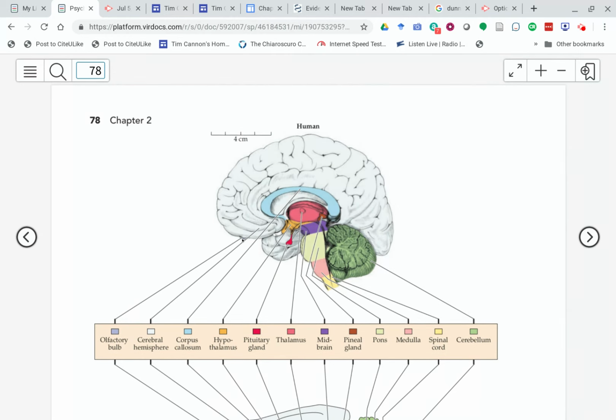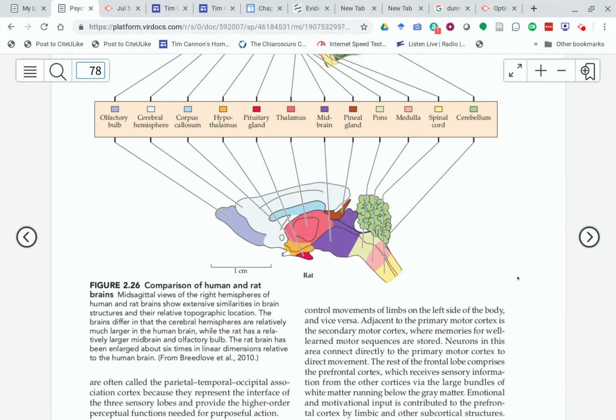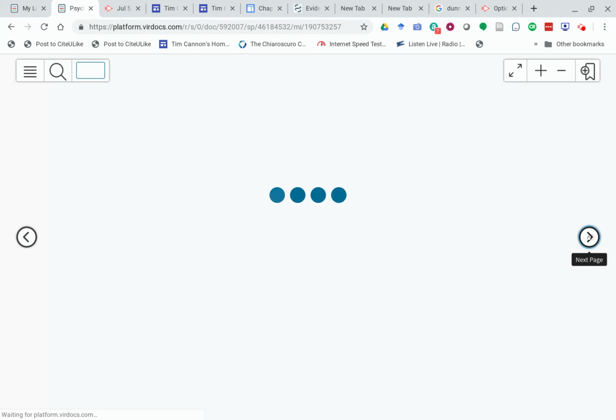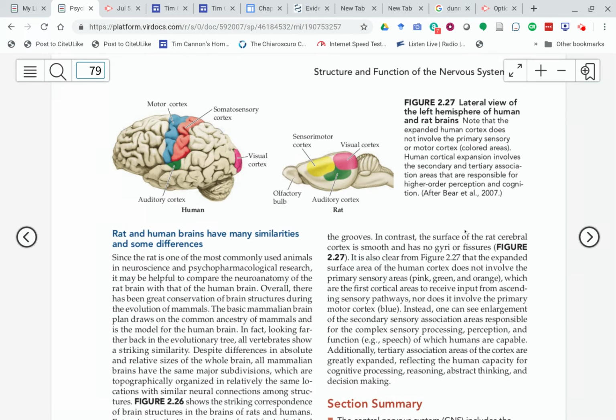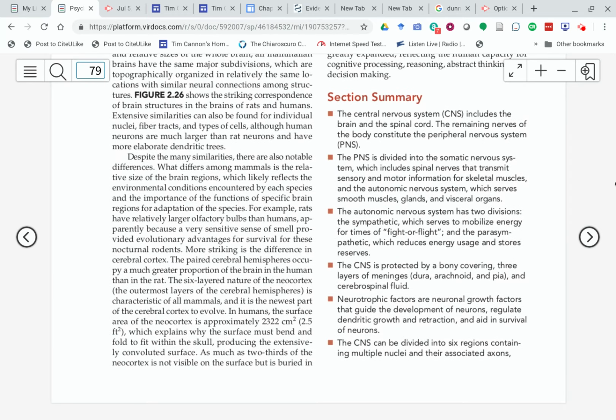They're not even almost visible in humans. Rats really have it going on in relation to olfaction, and African rats have been trained to sniff out tuberculosis and landmines. And again, a comparison between humans and rats.